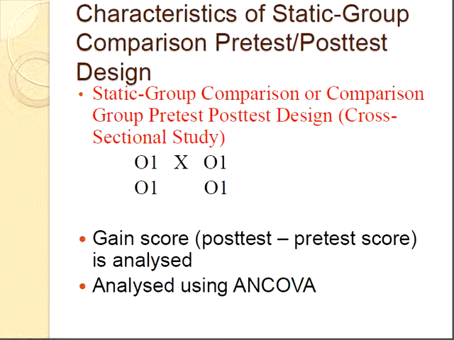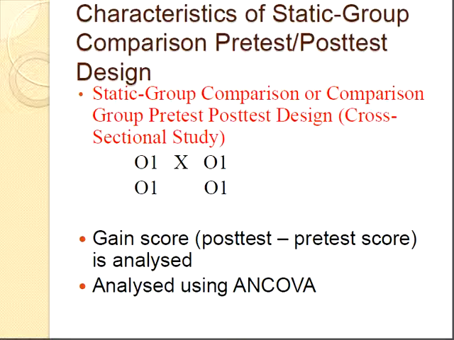And there is a treatment for one group, and then this other one without treatment. The good note about this is about the gain score, which is not determined when we use the first, post-test only static group comparison design.